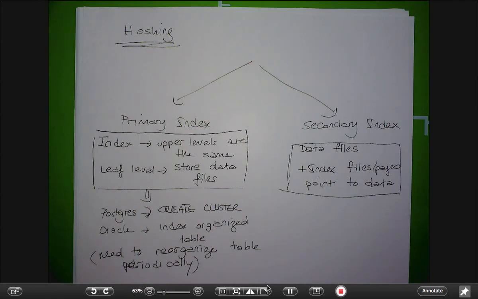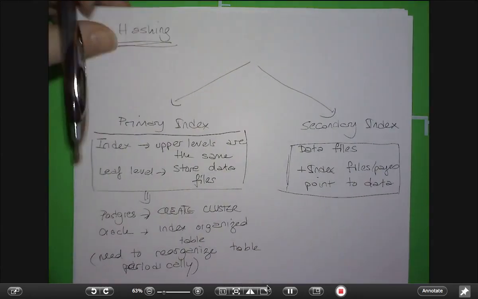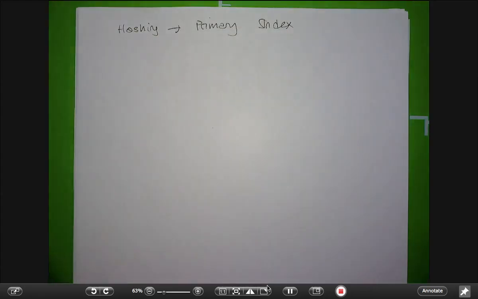I'm talking about all this because when we talk about hashing, hashing is very frequently a primary index. It basically stores your data based on some value that you want to hash on. So hashing is generally a primary index. Okay.